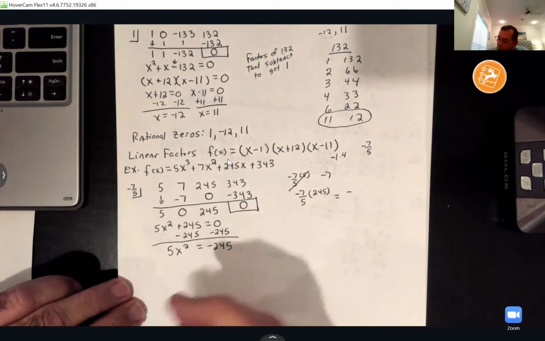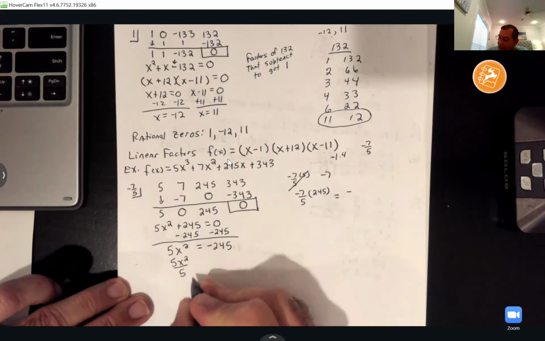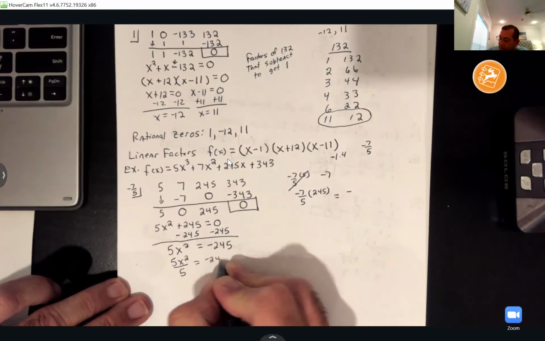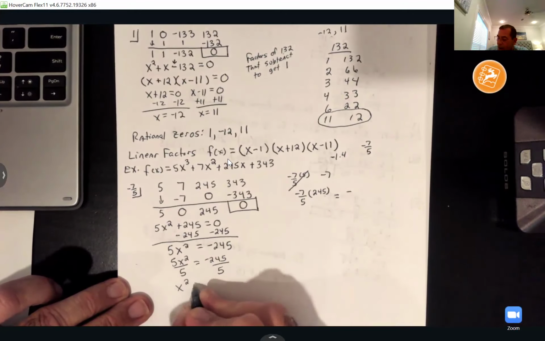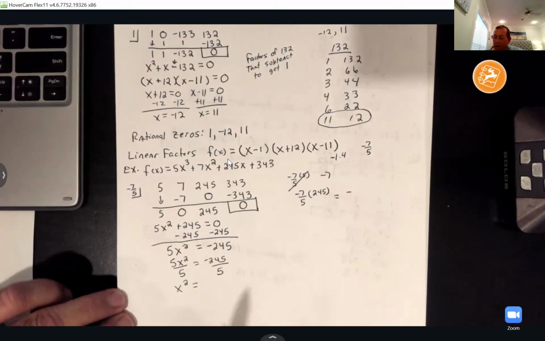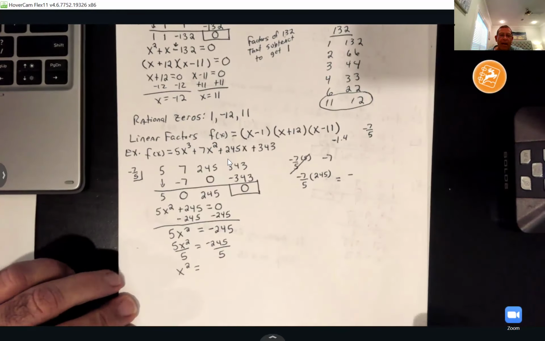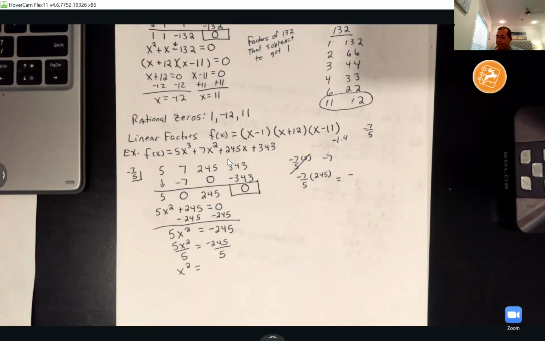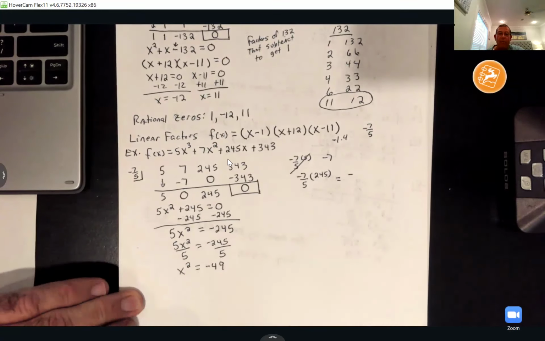And before we do square roots, we're going to divide that 5 off both sides, okay? So that I got my x squared all by itself. All right, y'all, let's see. What do we got? -245 divided by 5. So that's what? 20, 40, 49. So that'll be a -49.